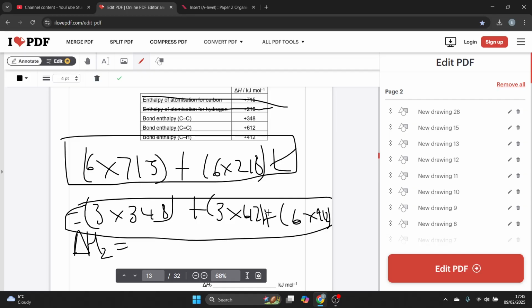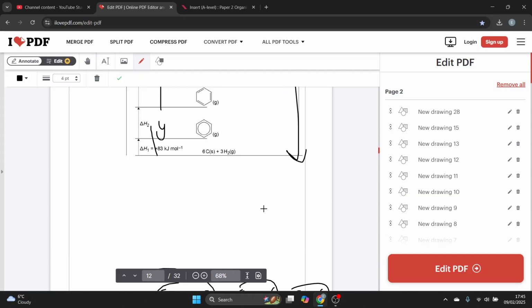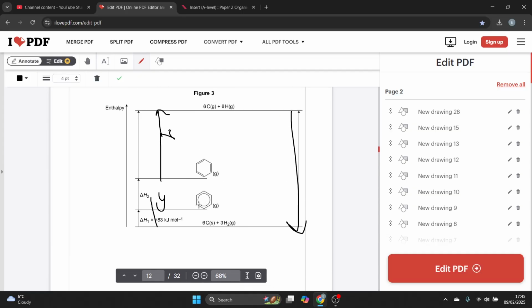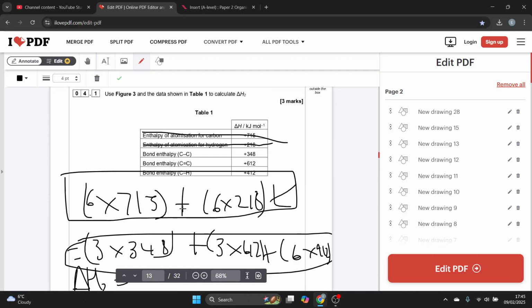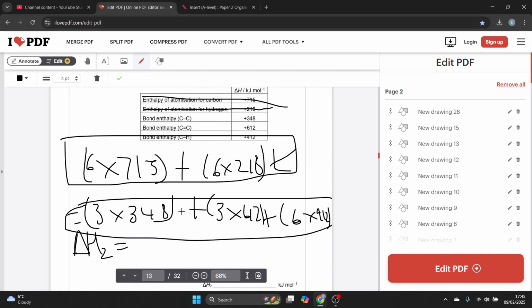Then the bond enthalpies: I've got 3 carbon-carbon single bonds, and then carbon-carbon double bonds here and here. And then I've got the 6 CH bonds.